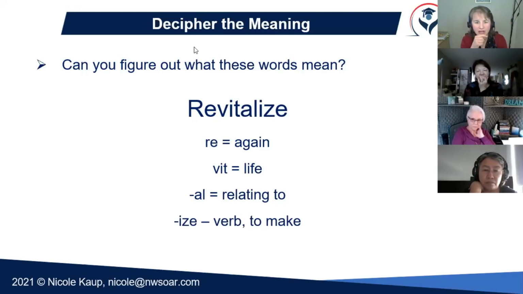So you look at all this, we've got, let's see, to make relating to making life again, relating to making something live again. And we know that revitalize, this is a verb actually, so it's an action. So we are making something alive again.